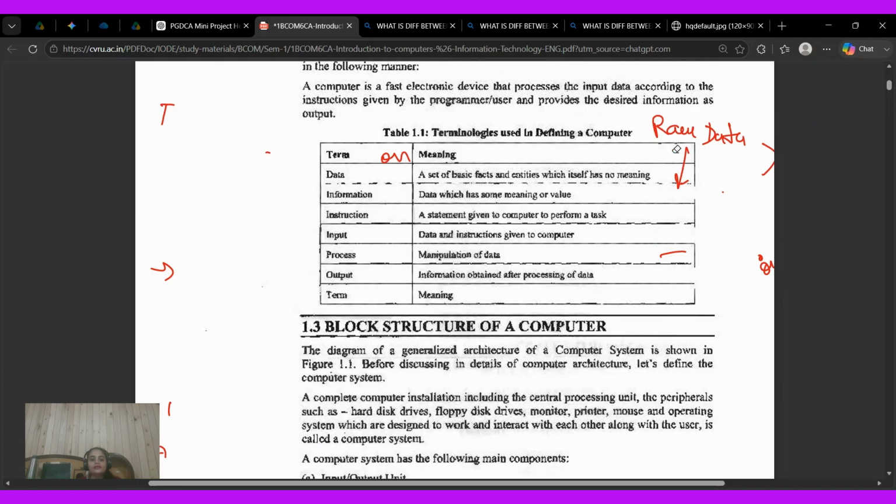Now the next thing that we'll be studying is instruction. Very important. These words may seem the same, but there are many thin line differences between them.